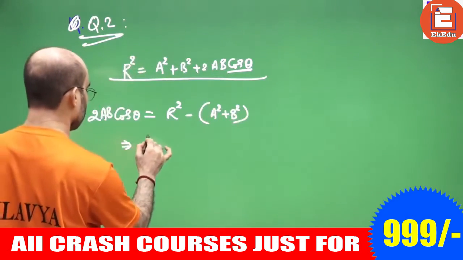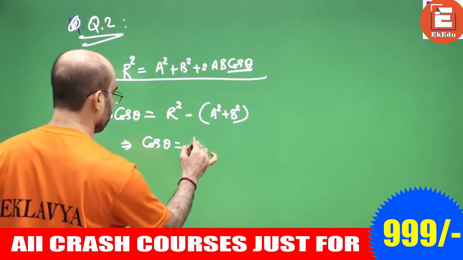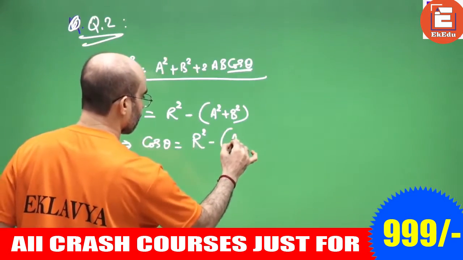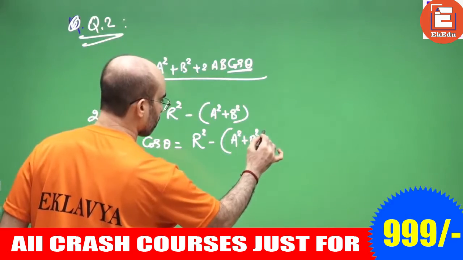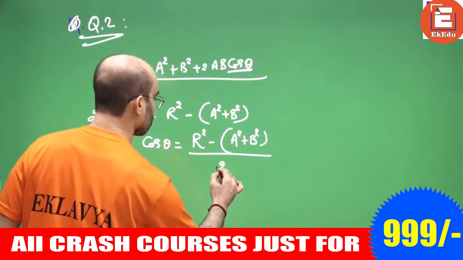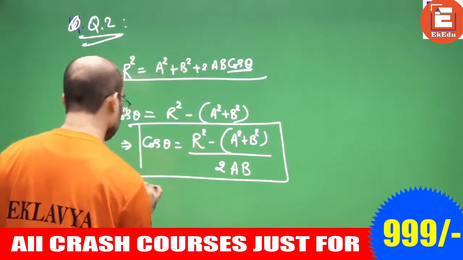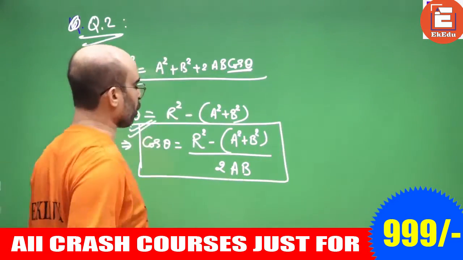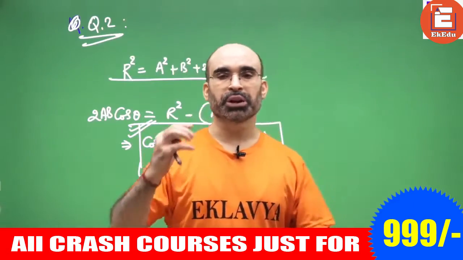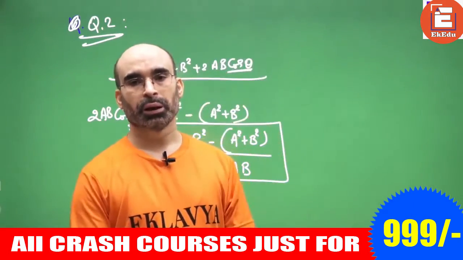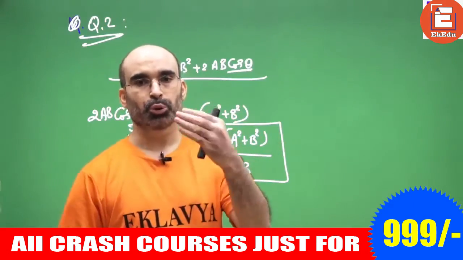So the resultant would be cos theta equals R square minus A square plus B square, divided by 2AB. So this is the straightforward way we can work out the direction between the two vectors.